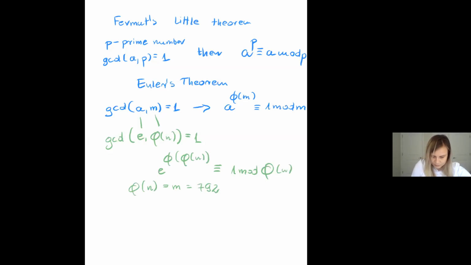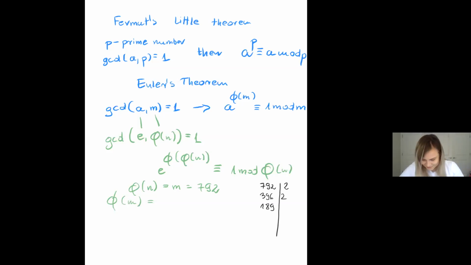Okay, so now we need phi of m. For phi of m, we need a factorization of 792. So 792 divided by 2 is 396, divided by 2 is 198, divided by 2 is 99.